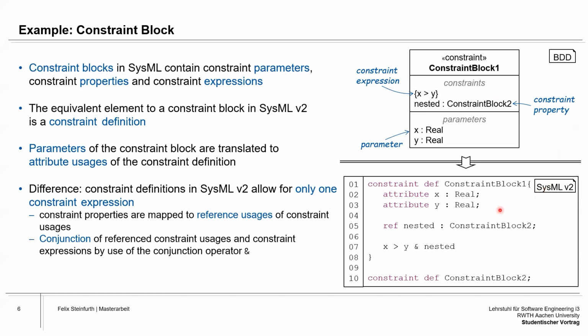In our example, this is shown by the constraint expression x and y and the constraint property nested, which are conjuncted into a constraint expression x over y and nested.